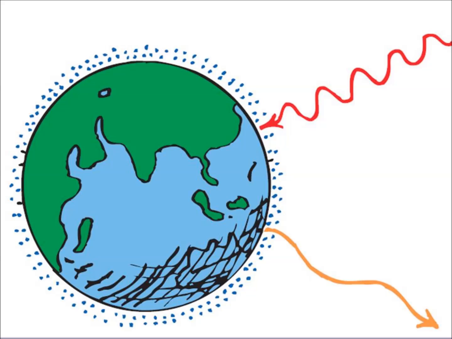The atmosphere is transparent to the short visible rays and less transparent to the infrared waves. What exactly does that mean relative to the greenhouse effect and what we're studying?